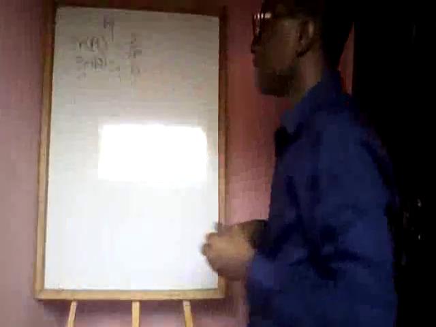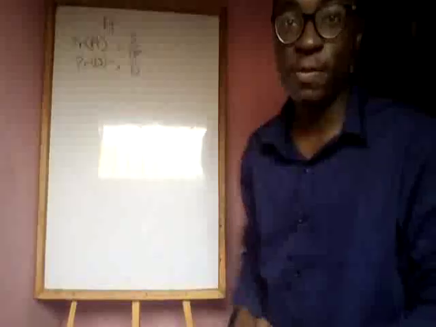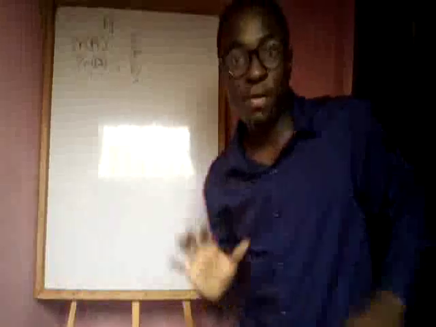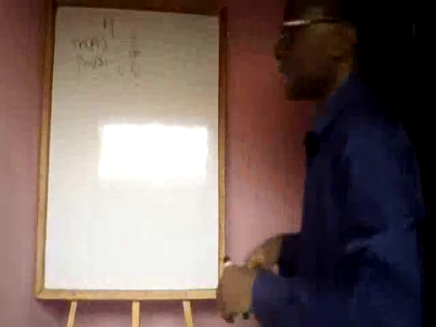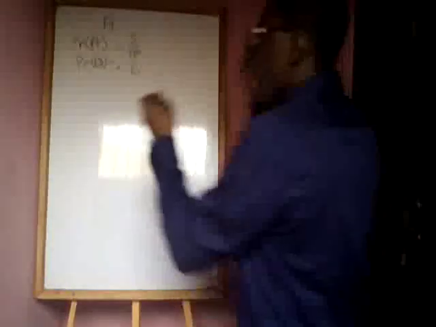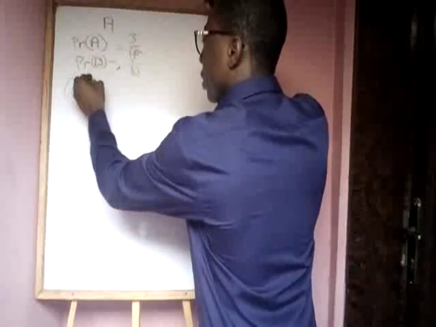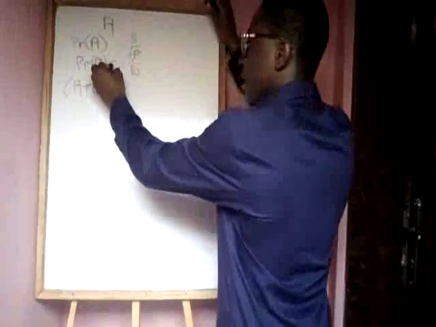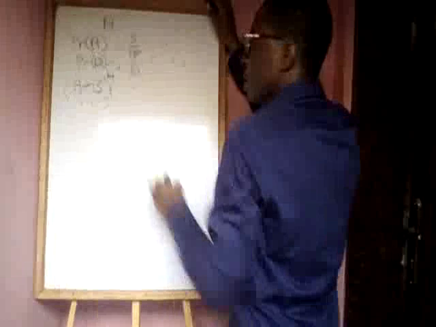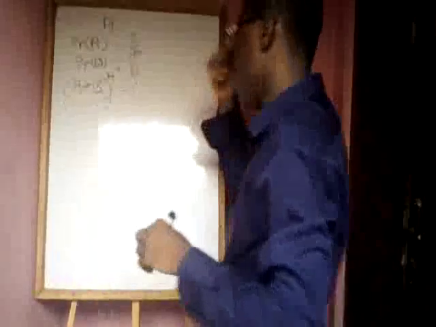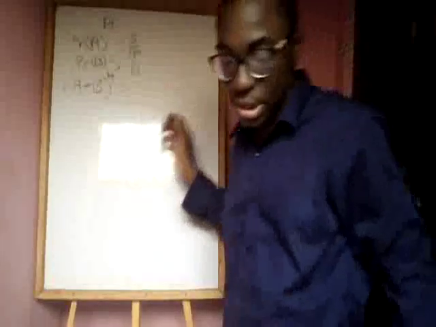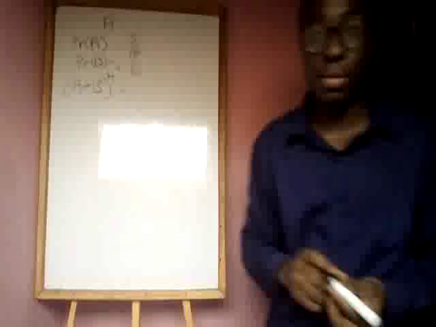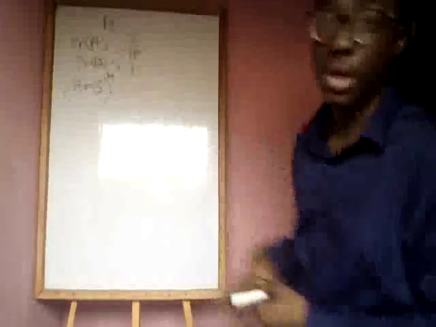So we'll be setting up a distribution for 4 nails. It increases exponentially, so we have (A + B) to the power 4, and we can expand it using the binomial theorem.